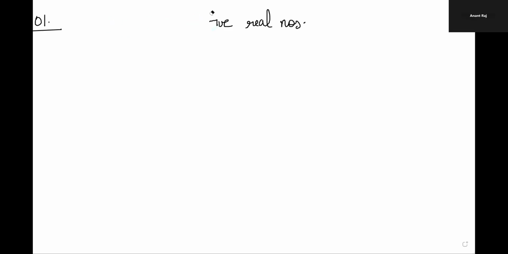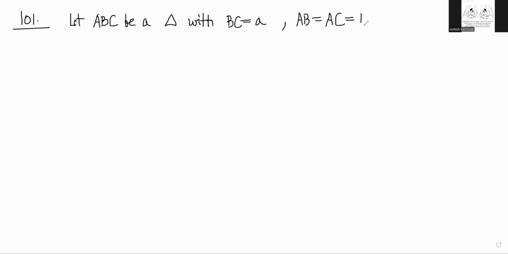The question is, let ABC be a triangle with AB equal to AC equal to b, BC equal to a, and a cube minus b cube is equal to 3ab square.